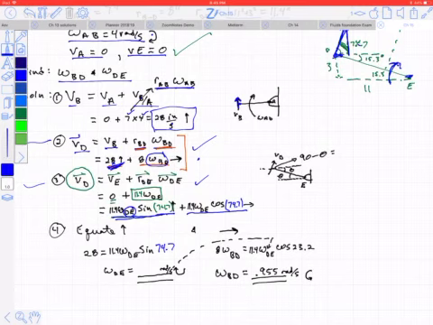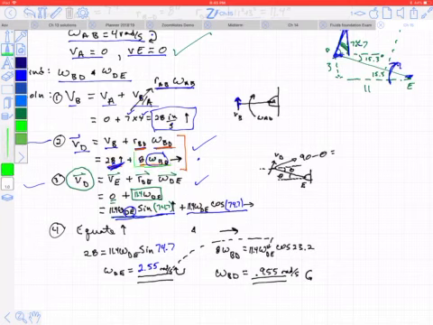So now I need to say omega DE is 28 divided by 11.4 divided by the sine of 74.7 equals 2.55 radians per second.